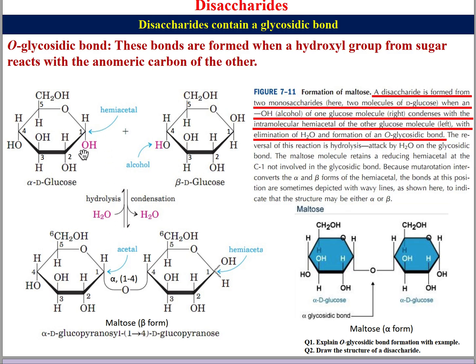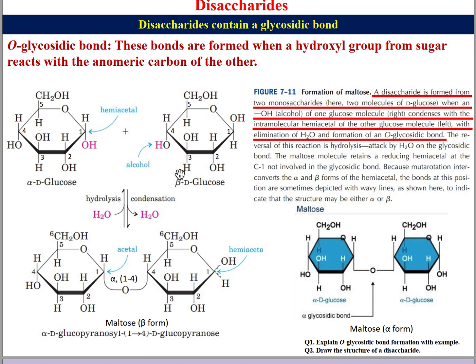If the anomeric carbon of the sugar is in the alpha form, the bond formed is alpha. If the anomeric carbon of the sugar is in the beta form, then the bond formed is beta. That means, for the sugar involved in bond formation, the position of the hydroxyl group on its anomeric carbon will determine the bond.